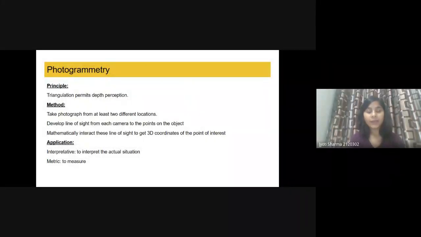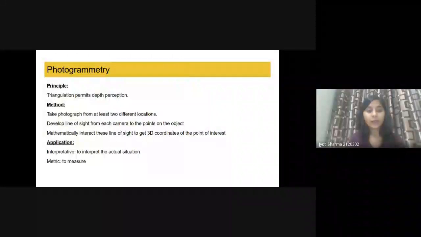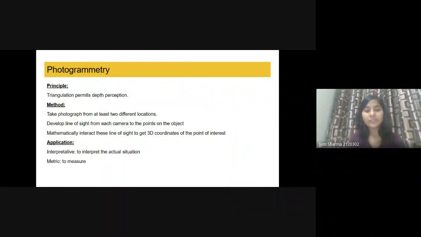Then here is the method, how you can apply this triangulation. The first step is to take photographs from at least 2 different locations, let's say from A and B. Then you develop the line of sight from each camera to the point of the object.